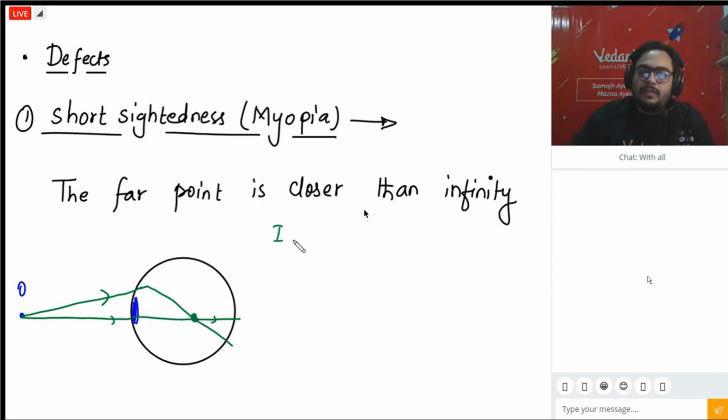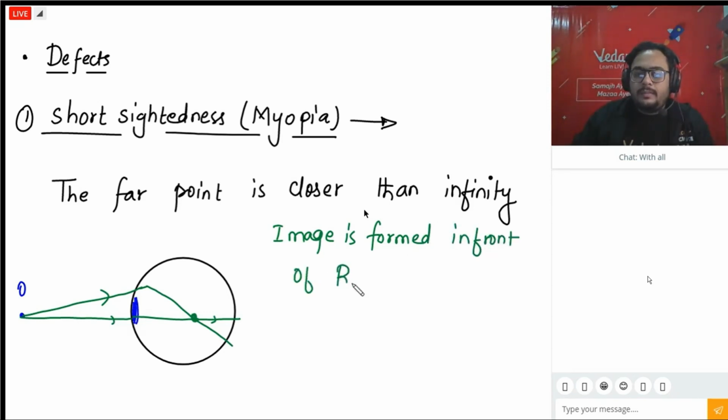So the image is formed in front of the retina, so obviously I cannot see clearly.